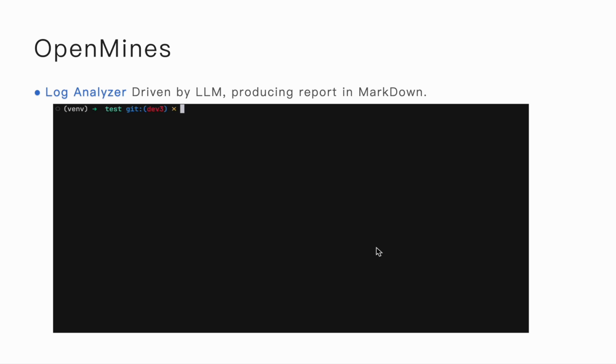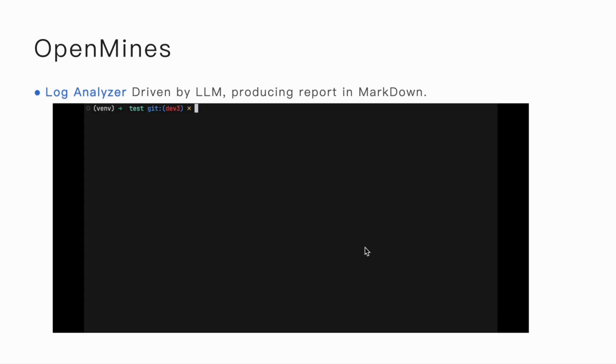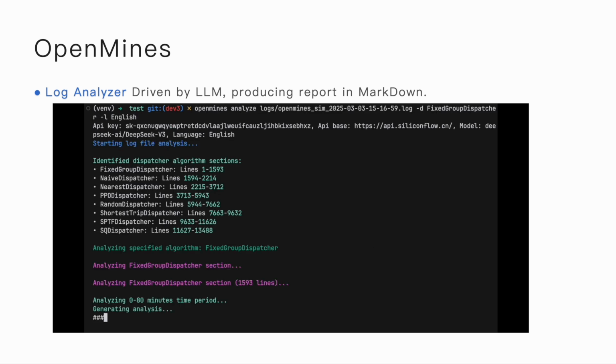To better find out the problem of your dispatcher, there is also a function called the log analyzer, driven by a large language model. You can use this function by typing the command like this.